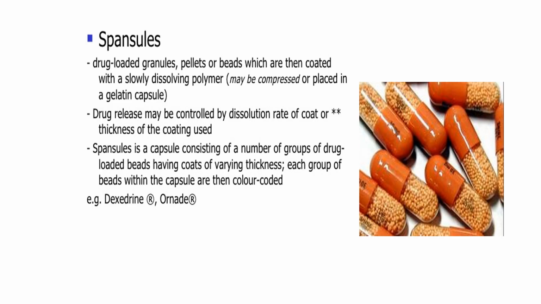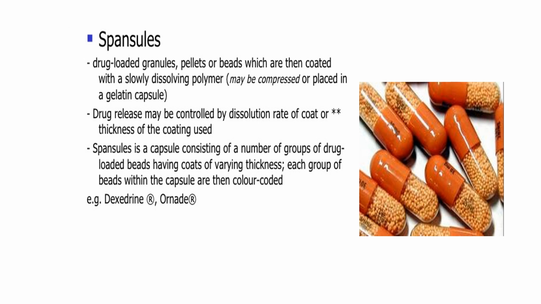Coming to spansules. As I told you, in spansules you can see the granules, pellets or beads which are present inside the capsules. One part of the capsule will be transparent. Now this capsule can be easily dissolved. And when it reaches the stomach, the pellets or the content present inside the capsules come into action.